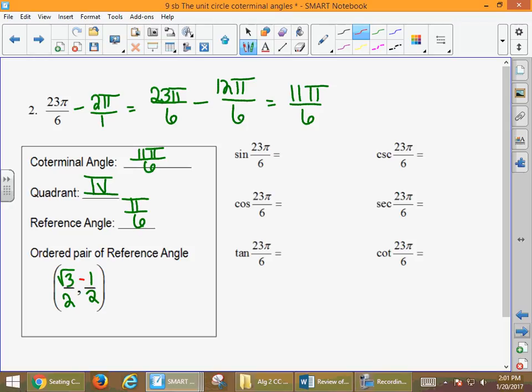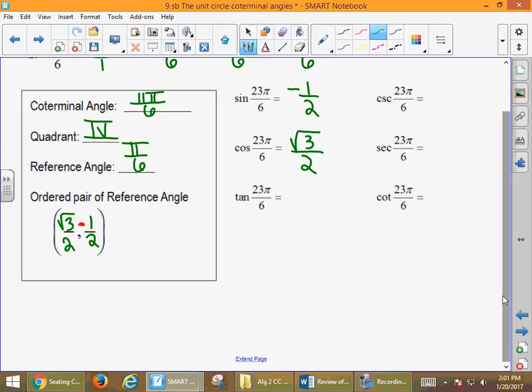So once we identify that fact, and when we go back and look here, sine is the second value, negative 1/2. Cosine is radical 3 over 2. Tangent is sine divided by cosine. So it's going to be negative 1/2 divided by radical 3 over 2. Again, when dividing, don't ask why.